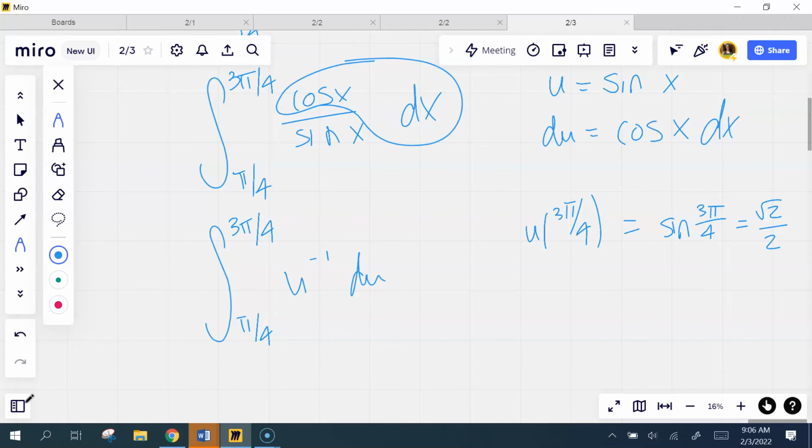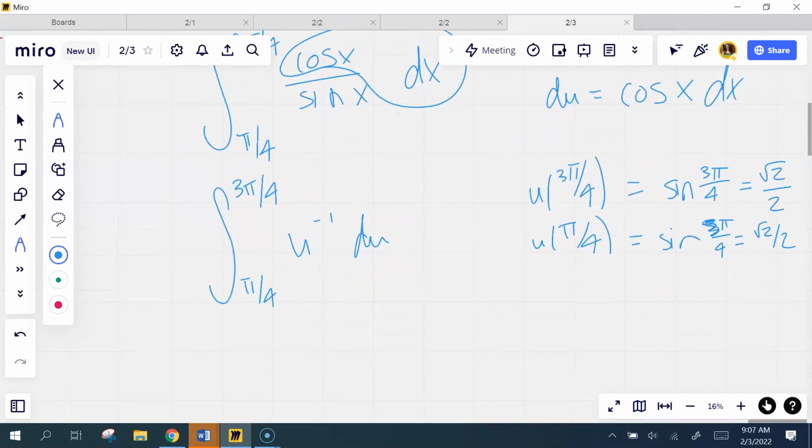As long as you're in the first or the second quadrant, you're positive there. And then u of pi over 4 is the same thing because I'm up top on my unit circle.